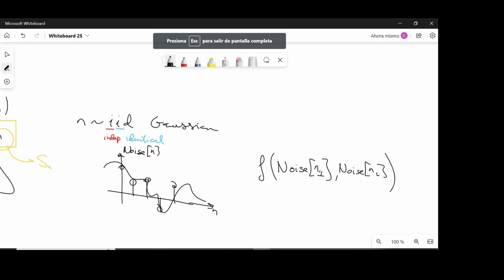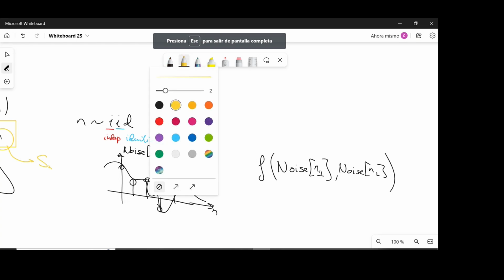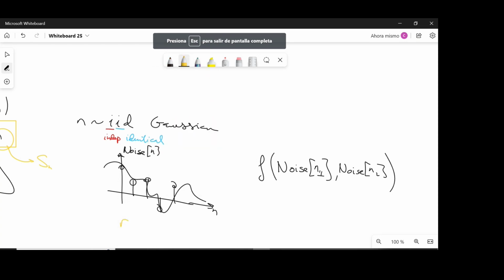So you are familiar with this notion of realizations, right? You know the realization of a stochastic process. Do you know what that is? So you observe this process. The process is a signal.